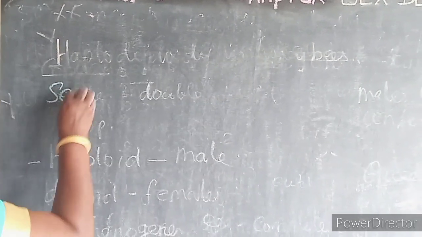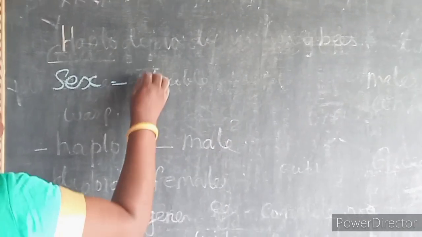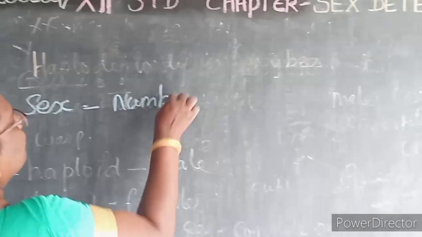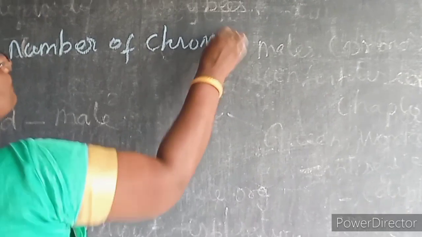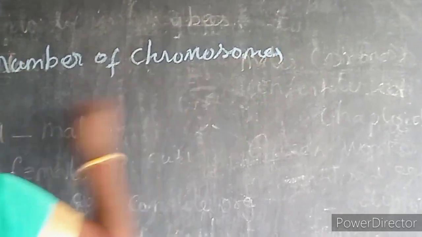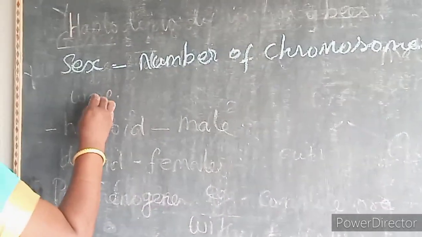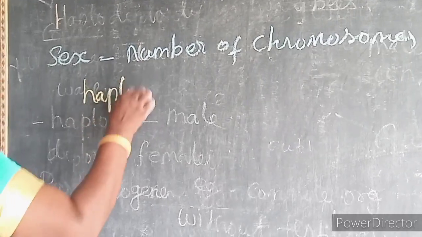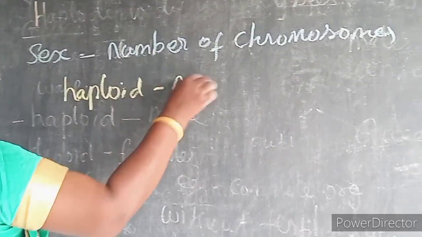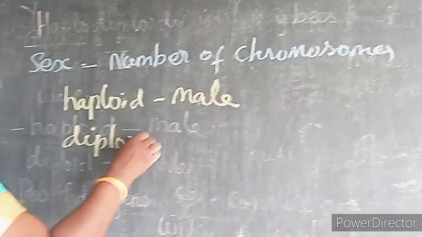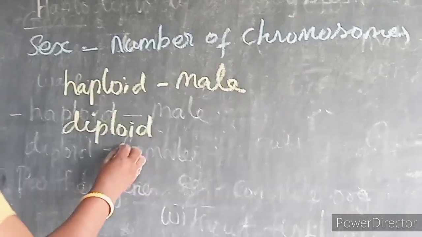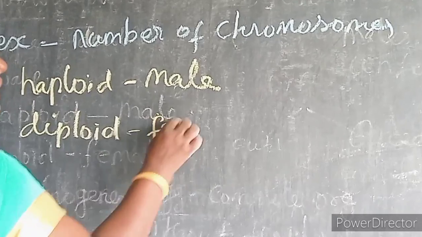So the sex of the offspring depends upon the number of chromosomes it receives. For example, if it receives a single set of chromosomes, that is haploid, it develops into what? It develops into the male. If it receives a double set of chromosomes, diploid, then it develops into the female.